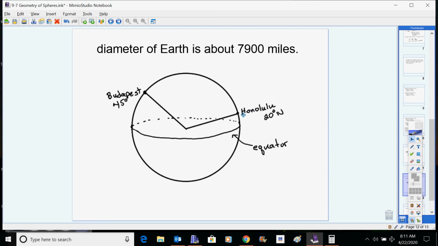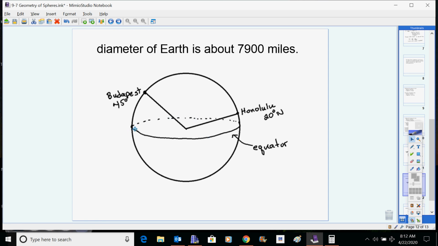Okay, so here's Honolulu. Notice I didn't have to do special 3D here, and actually the 3D was kind of messing us up a little bit. But here's Honolulu, here's Budapest, and we go to the center of the circle here. Since we're trying to find the arc length, the distance directly from one city to the other, we need to know the number of degrees that are in here.